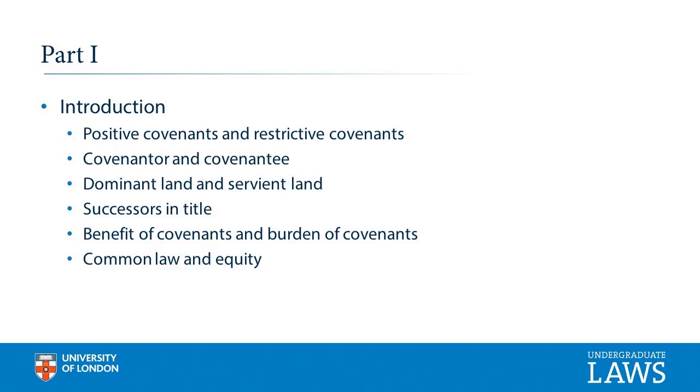Nor will it suffice if D is subject to the burden of the covenants, but C has not acquired their benefit. To reiterate, the covenants can only be enforced by C against D if C has acquired the benefit of those covenants and if D is subject to their burden.